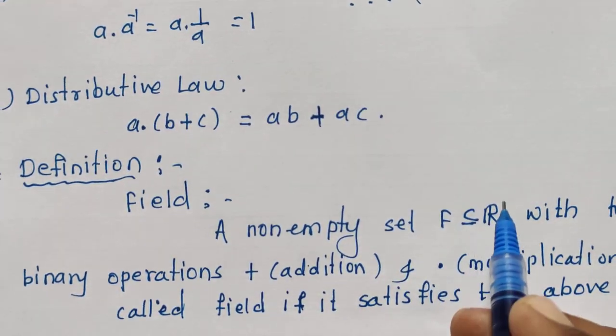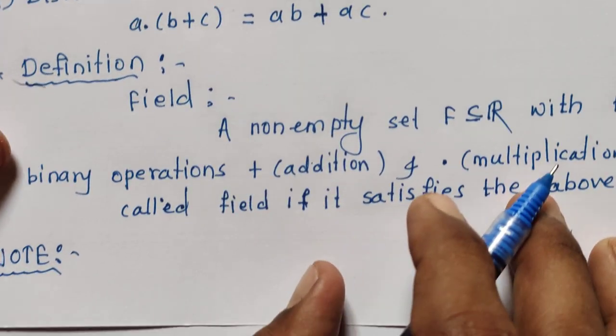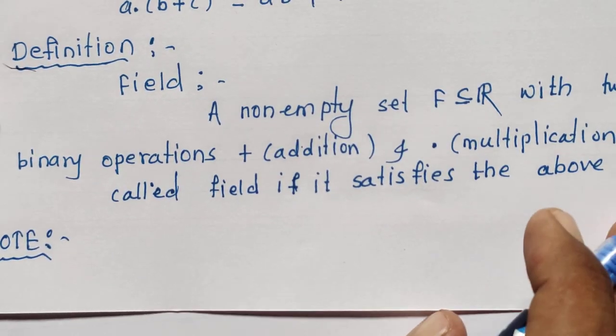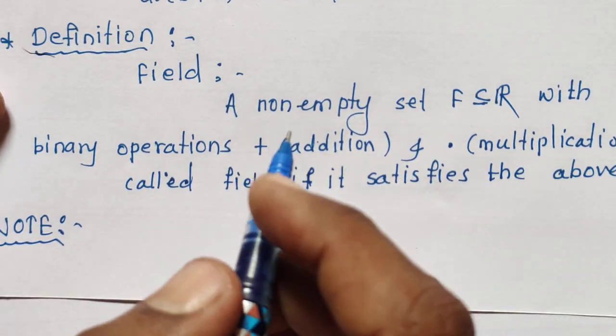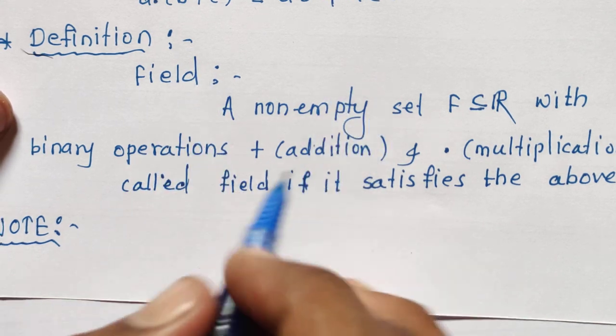So this set R is called a field. Similarly, the set of rational numbers also satisfies all those properties, so we can say that the set of rational numbers is also a field with respect to the same addition and multiplication.